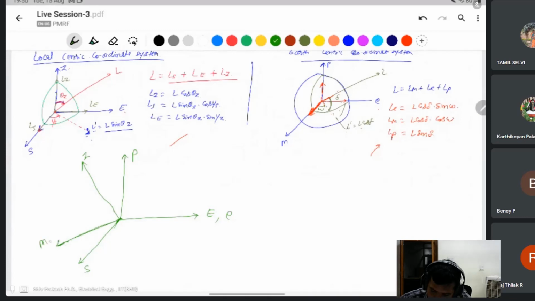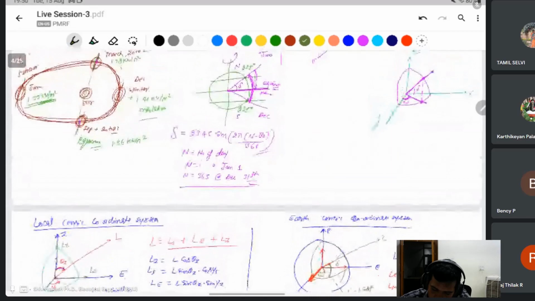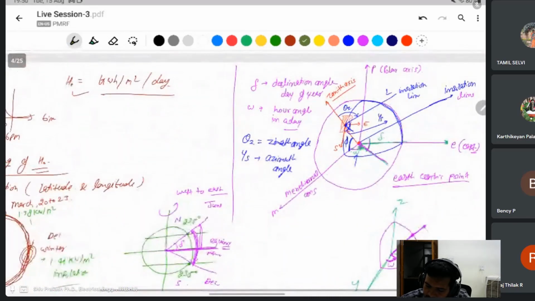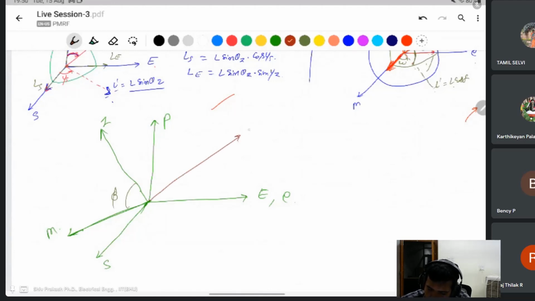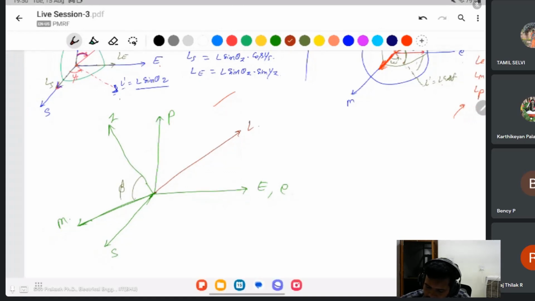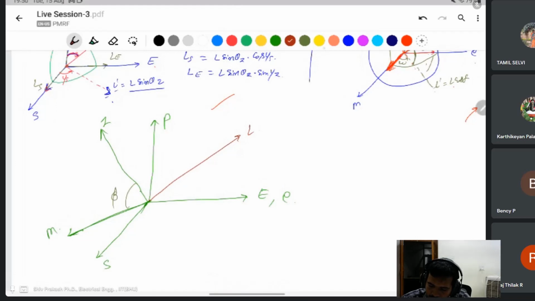So my radiation point is m, and this angle from the meridian axis to the zenith axis is phi. So insolation is L, and the relation between LM, LP, LZ, this one is the LP, this one is LZ, this one is LM.